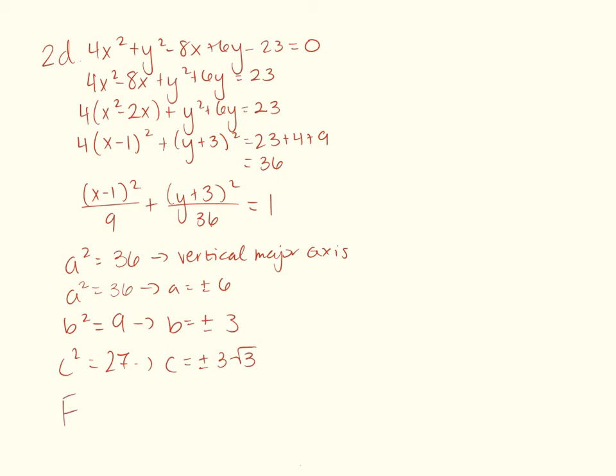This means my foci are going to be the points in my center with the y-coordinates adding and subtracting 3 square root 3. So my center, if I'm reading off, is 1 comma negative 3. And so then I have 1, negative 3 plus 3 root 3, and 1, negative 3 minus 3 root 3. Okay? And so then the last thing I need to do is graph, because I have everything I need in order to figure that graph out.